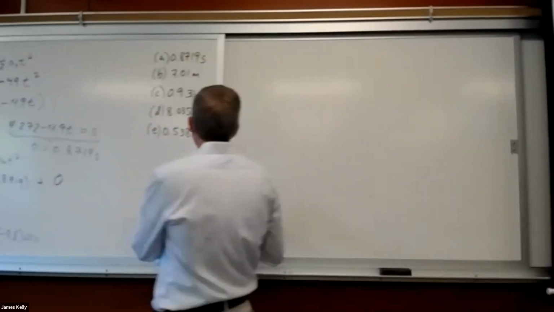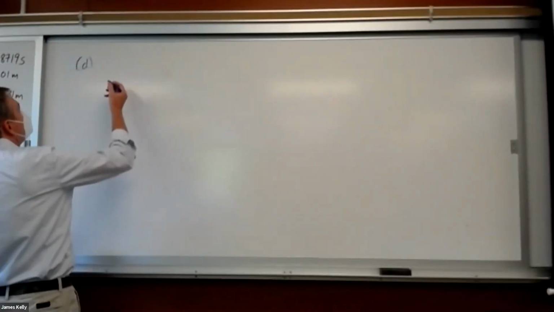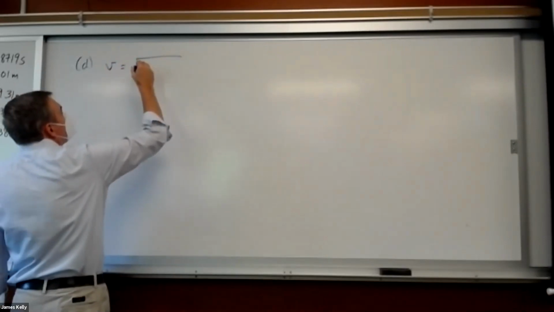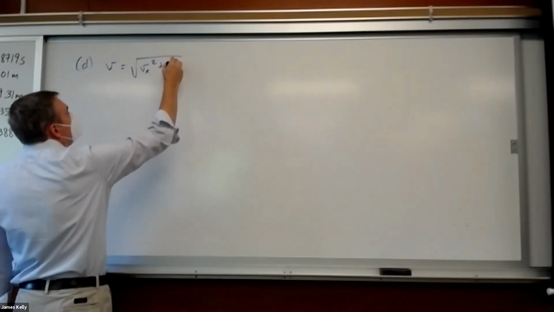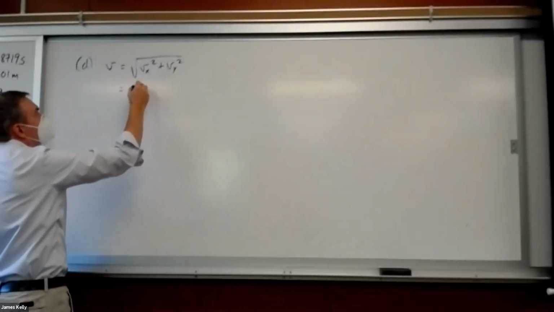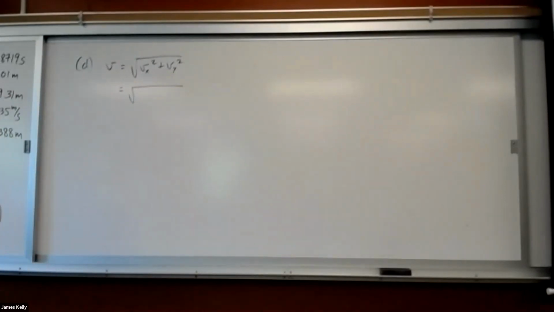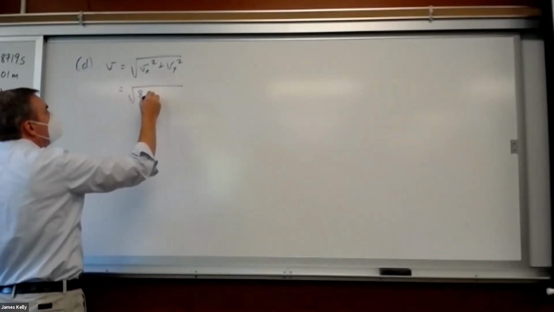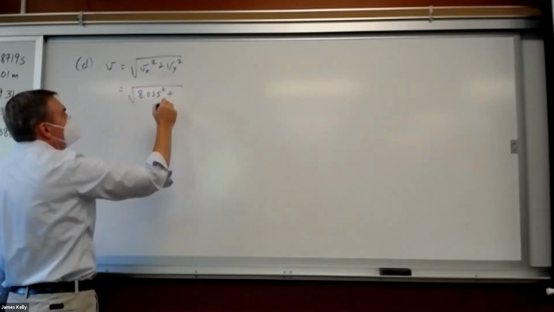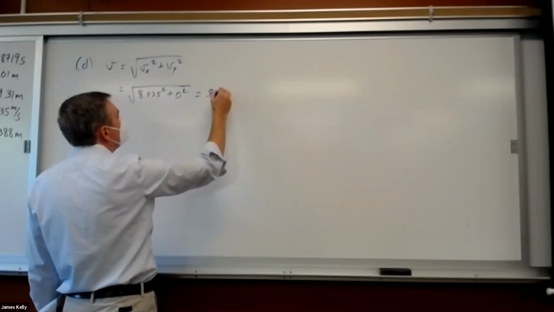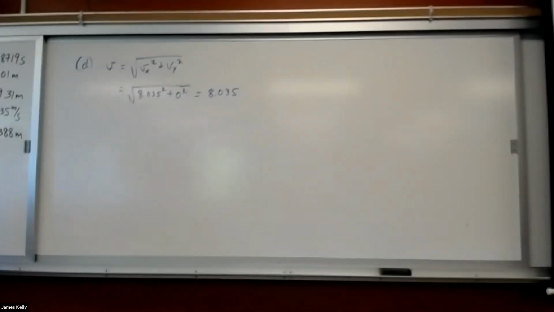So when I plug in, you don't necessarily have to write this down, V final is equal to the square root of Vx final squared plus Vy final squared. And Vx final is Vx initial, we just said, and that was 8.035 squared. And Vy final is 0. When you take the square root of something squared, you get that same number back. So if you have your head screwed on really straight when you're thinking about this, you don't even have to write anything down. You could just write 8.035 meters per second.